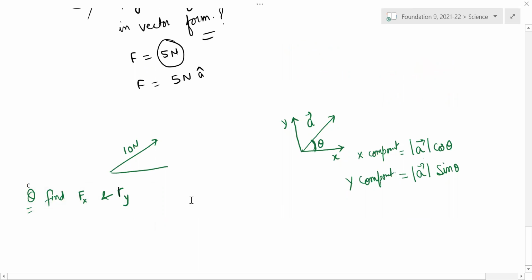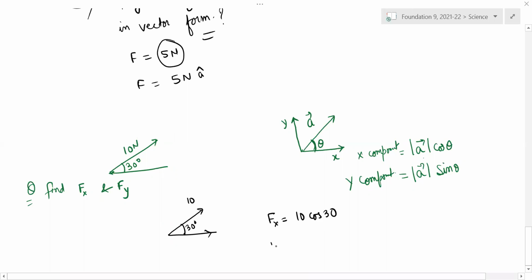Fx will be how much? 10 cos 30. Fy will be how much? 10 sin 30. 10 cos 30 is how much? 10 root 3 by 2, which is nothing but 5 root 3. And here sin 30 is 1 by 2, which is nothing but 5. So this much Newton. Are you getting that?